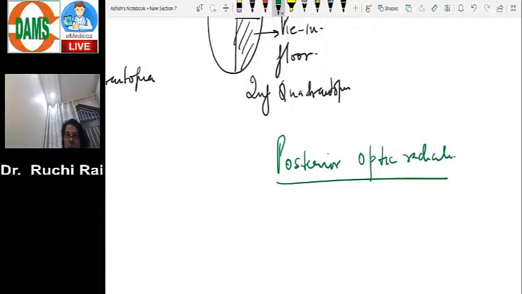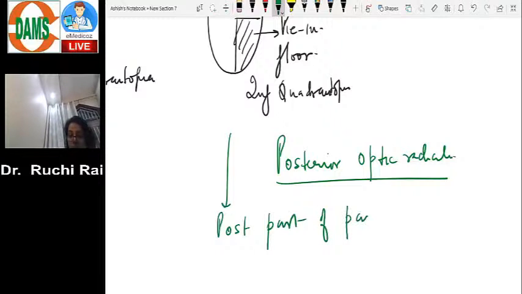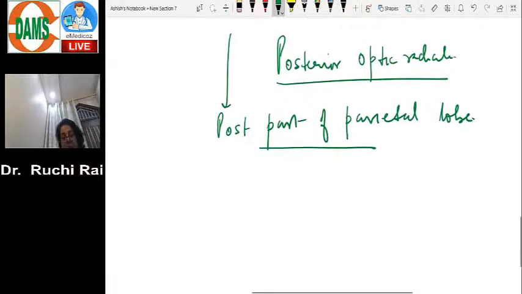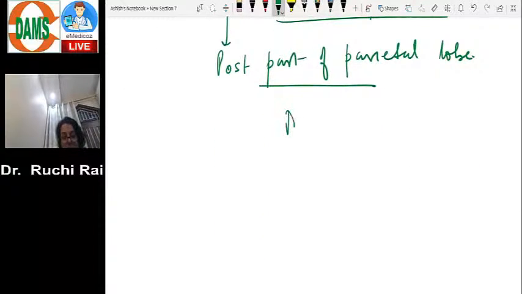Along with that, the posterior part of the parietal lobe is involved. Posterior part of parietal lobe can affect your optokinetic nystagmus. So because of this, you can get defective optokinetic nystagmus.